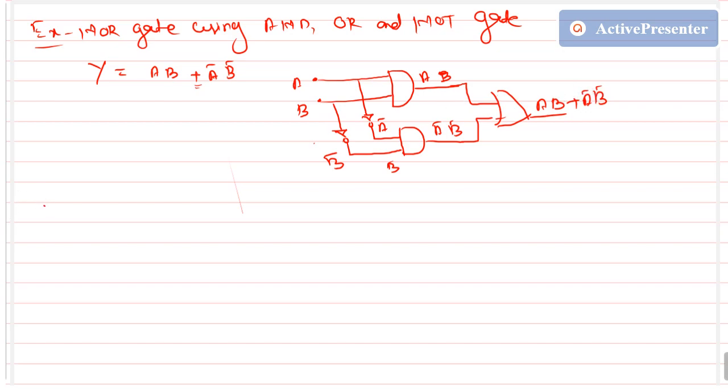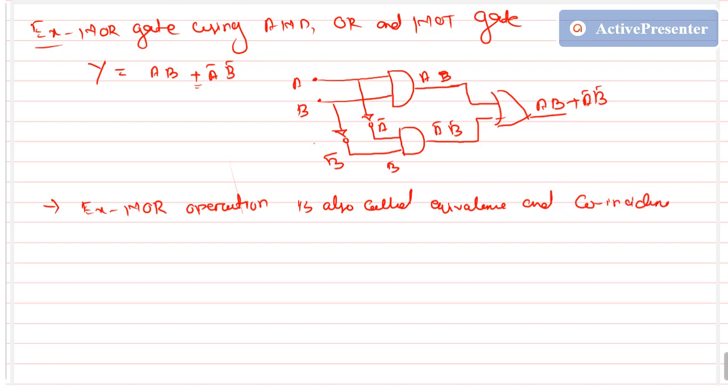Again, there are some points that we can discuss about XNOR gate. XNOR gate or XNOR operation is also called equivalence and coincidence.